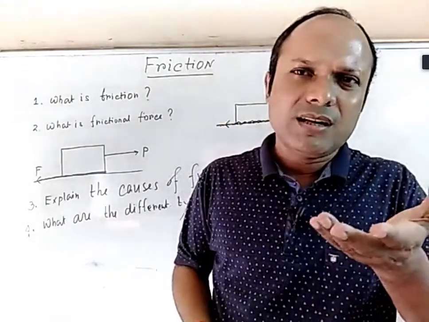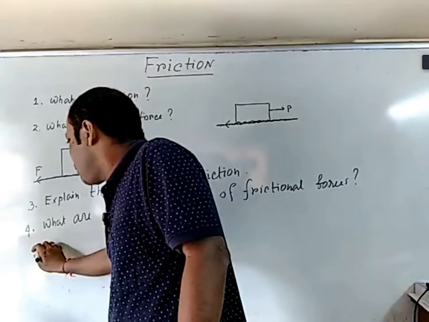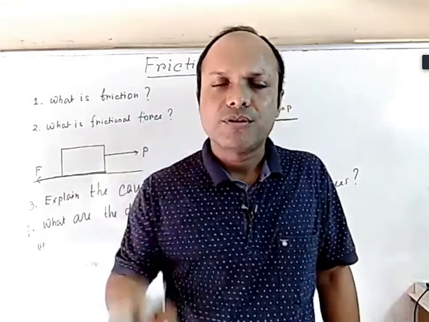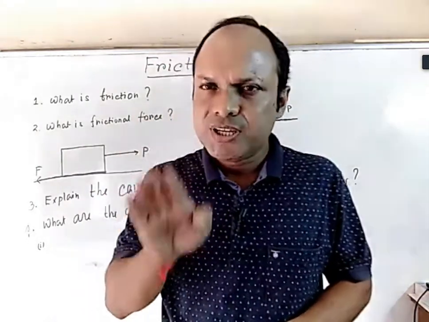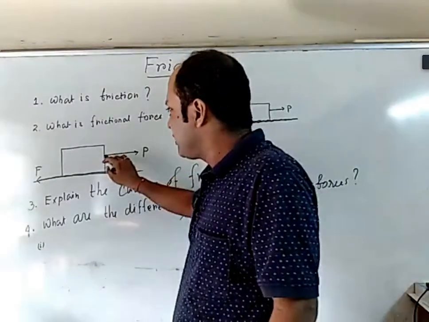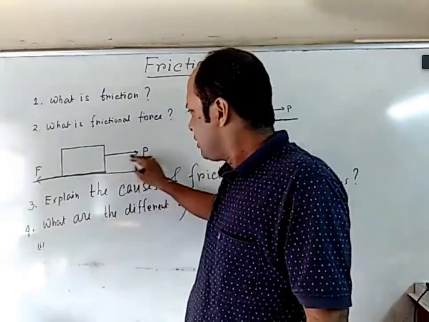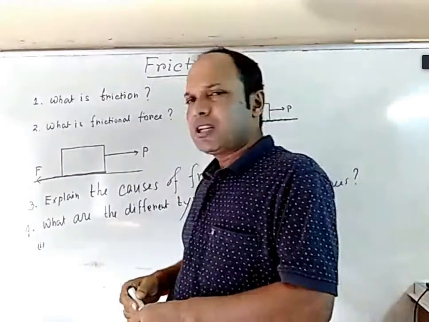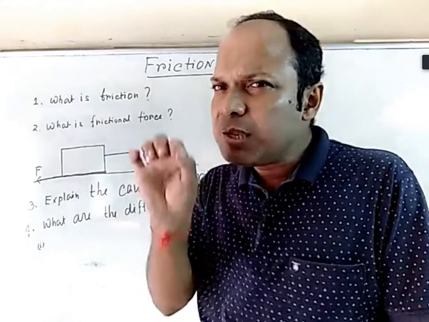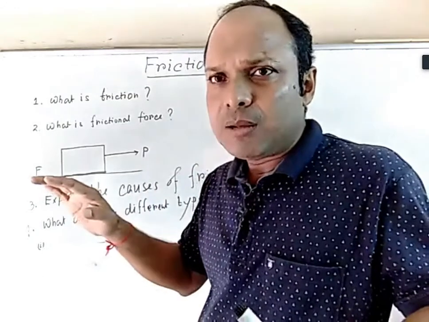Whenever the objects are static, the frictional force developed at that stage is called static frictional force. Very important. When the object is lying on a surface and the applied force is not able to move it, because I am applying a force of 1 Newton, that force is not able to move the object.